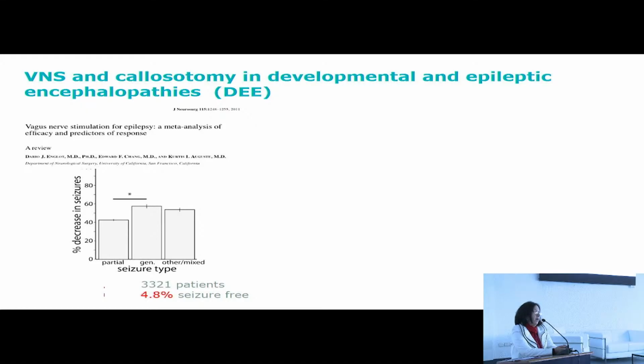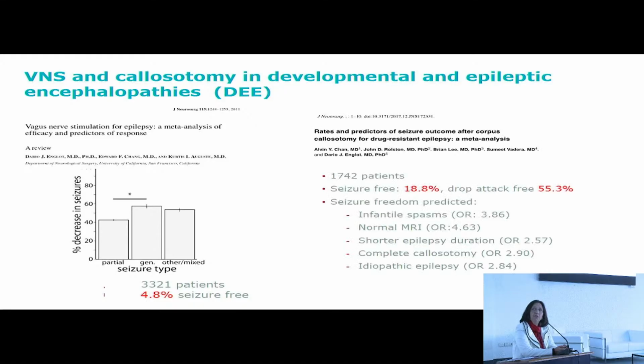Here's a big meta-analysis where you see what the VNS was used for: partial seizures, as they were called back then, generalized seizures, and other seizures. Again, the percentage of patients being really seizure-free is somewhat low, at 4.8%.